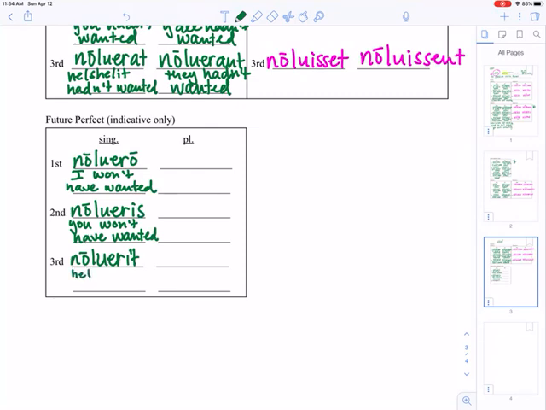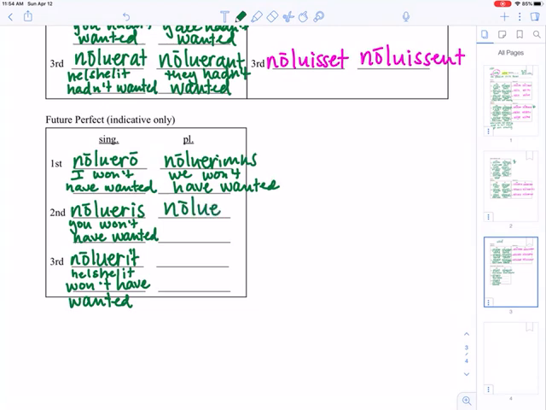He, she, or it won't have wanted. We will have Nolu erimus up here at first plural, and this is we won't have wanted.